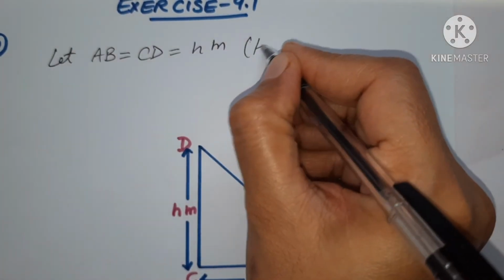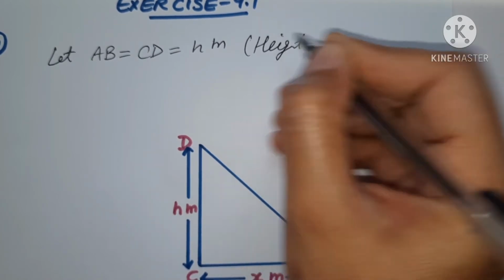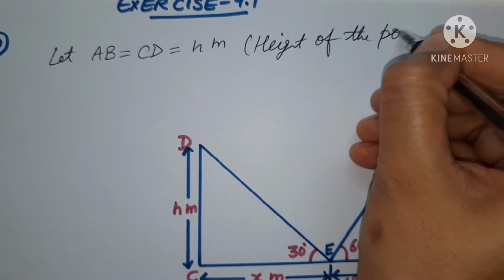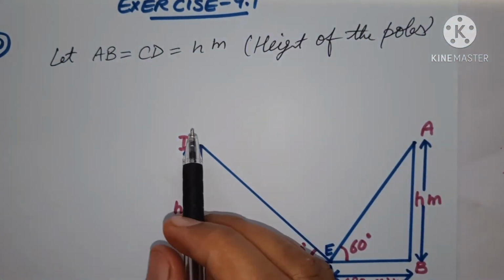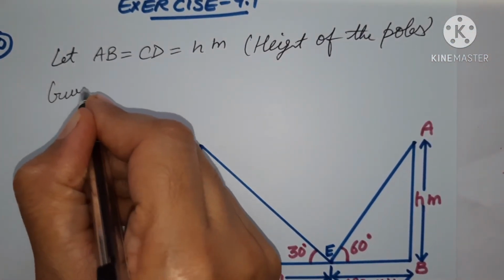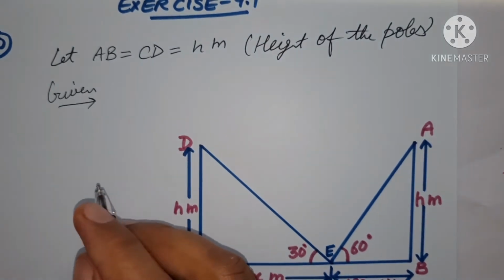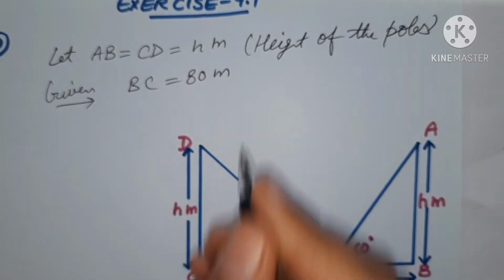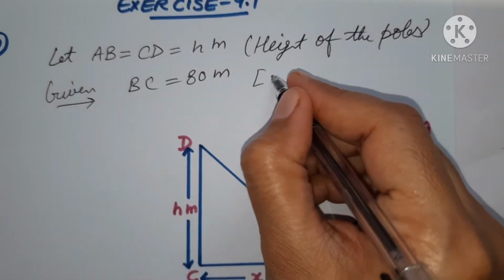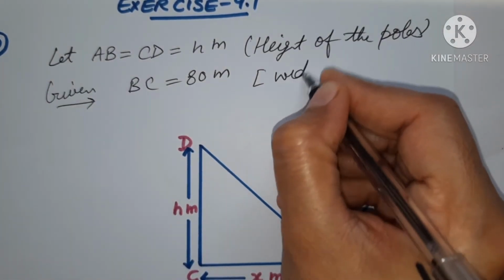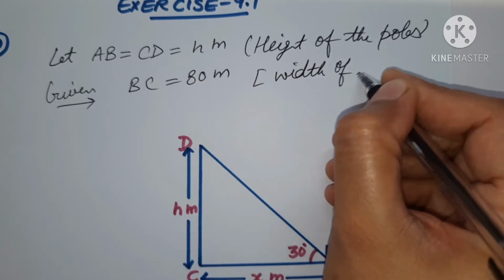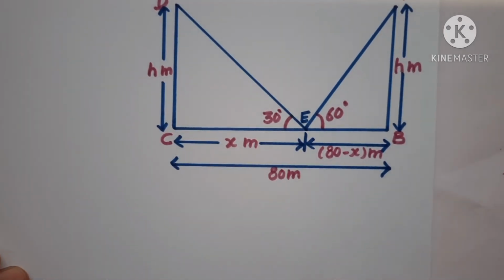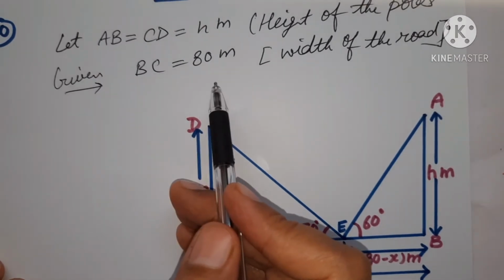So in the bracket we can write height of the poles. And the given thing in the question, BC is 80 meters, the width of the road.